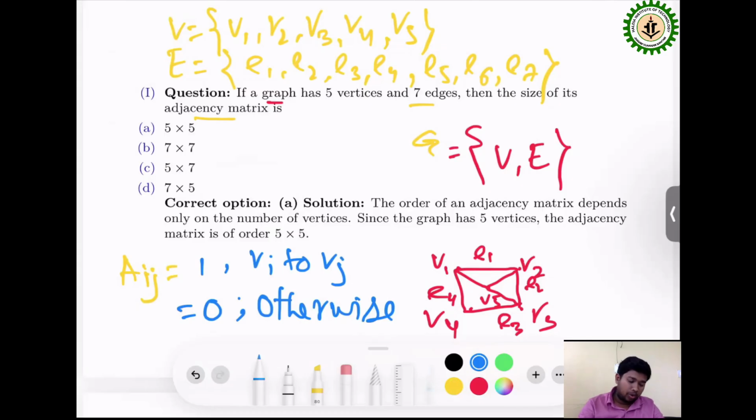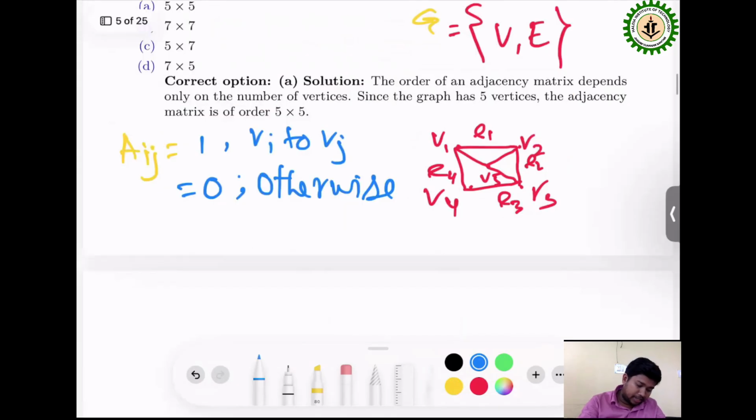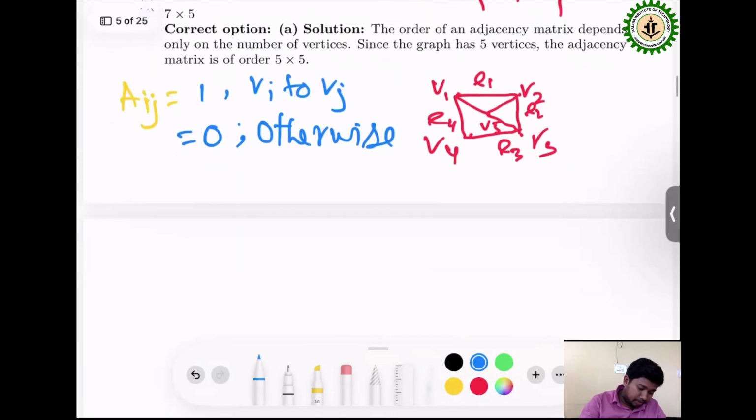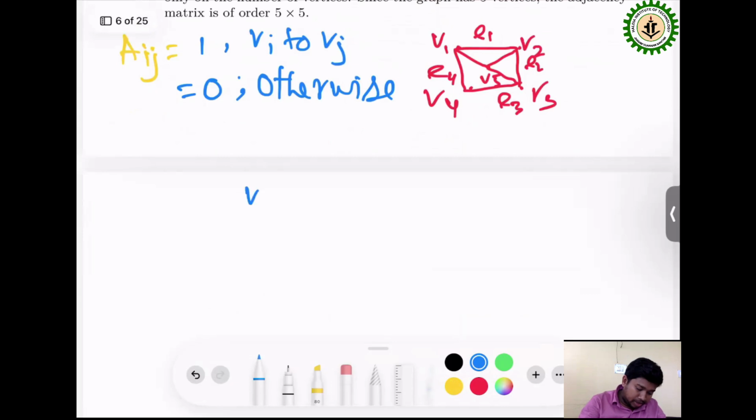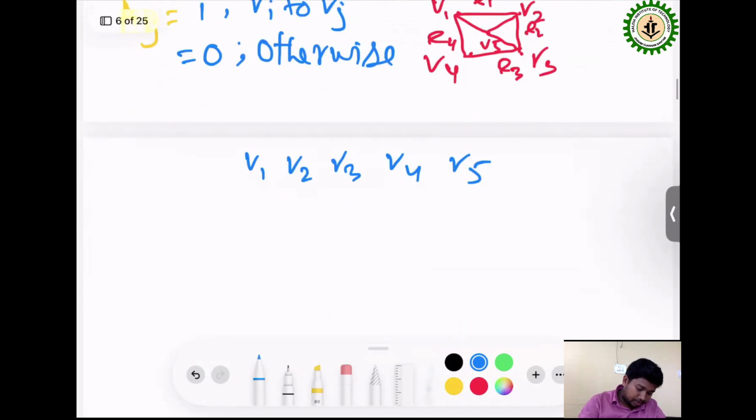So the adjacency matrix depends only on the vertex points, V1, V2, V3, V4, V5.